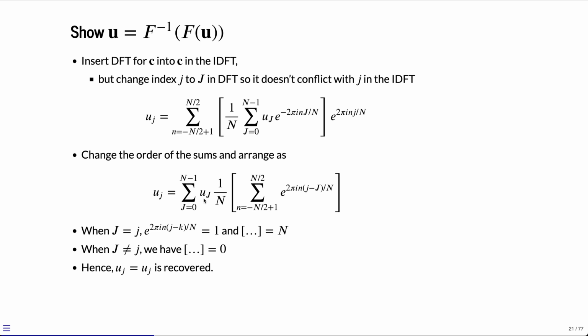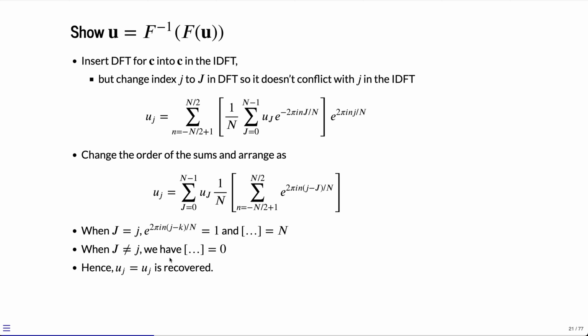But we also have that when j is not equal to J, this term in brackets is 0. So that means that we recover uj is just uj, because the only term in the sum that's non-zero is when little j equals big J, and when that happens, the brackets are equal to n, and that term cancels. So hence we recover it, and we can show pretty explicitly that these are inverses of each other.